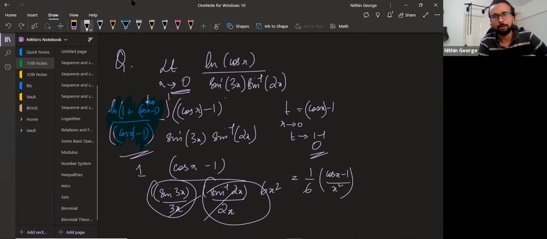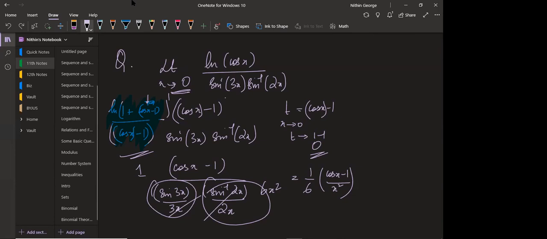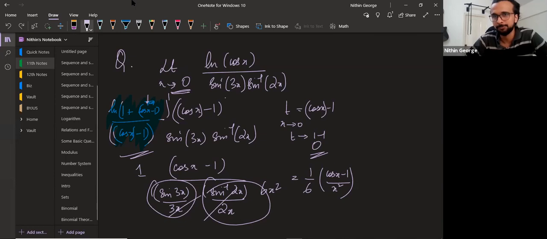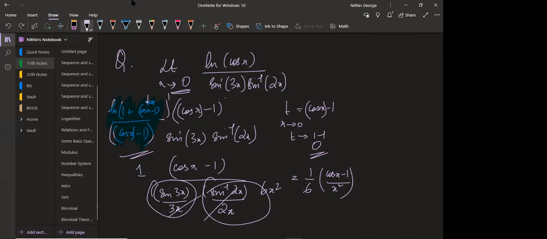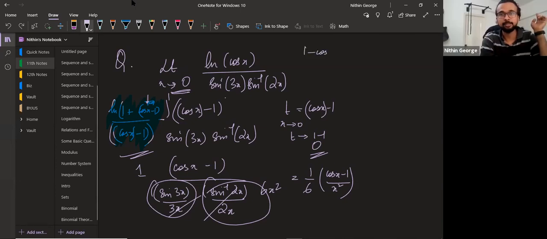What does cos x minus 1 divided by x square come out to? Does that look familiar to you? When you put x equal to 0, it's 0 by 0, but there's a formula I gave you in the beginning. Do you remember that? 1 minus cos x divided by x square. We got it as 1 by 2.